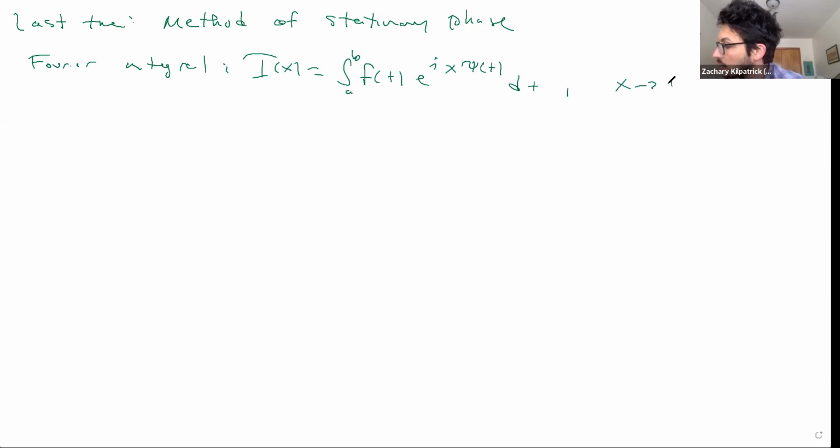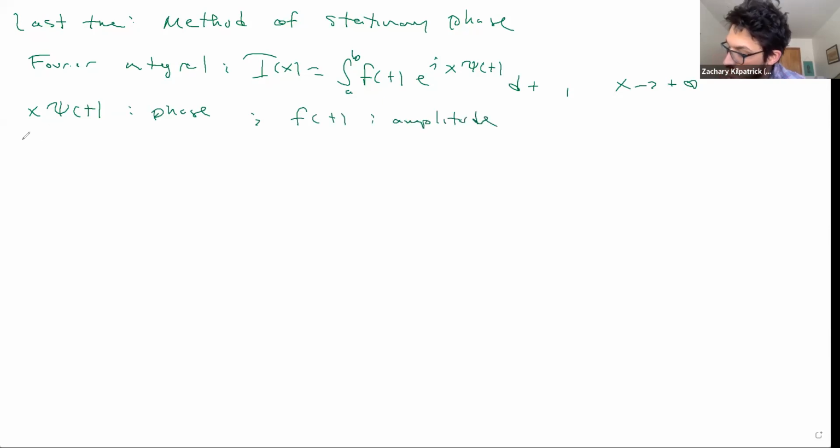Okay. And so x psi of t is the phase, and then f of t is the amplitude.